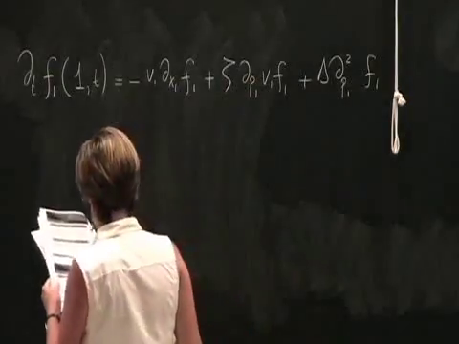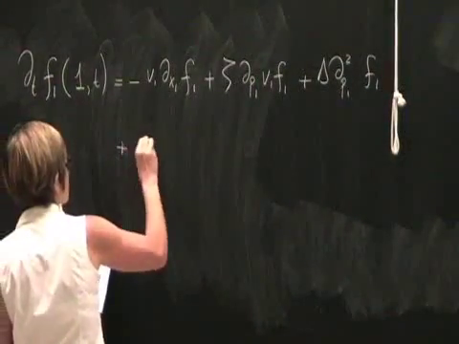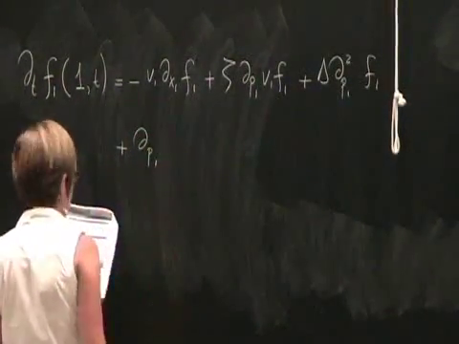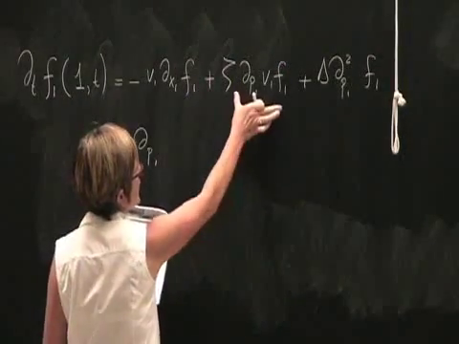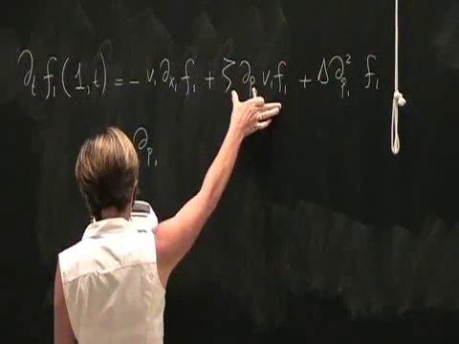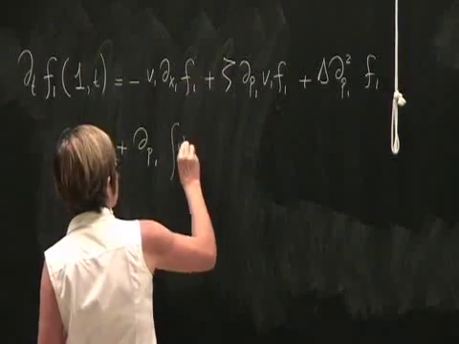And then we'll have a term that comes from the interaction. And the interaction contributes to the force, so here you have one of the terms that come into the force. So you can see where this will come from.